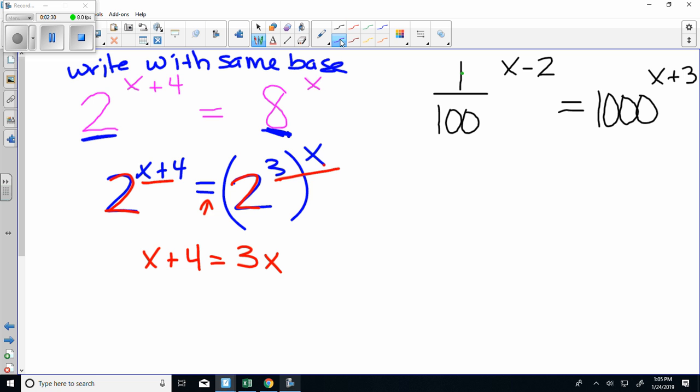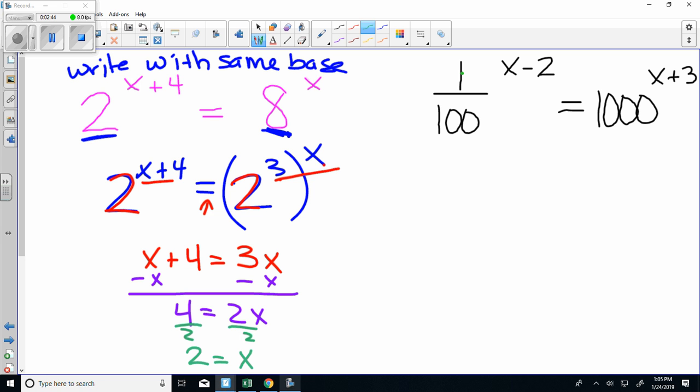And now it's just a matter of solving for x by subtracting x. 4 equals 2x, and then dividing by 2 to get x equals 2. So if you were to substitute a 2 into this equation, 2 plus 4 is 6, so 2 to the 6th power is the same as 8 to the 2nd.